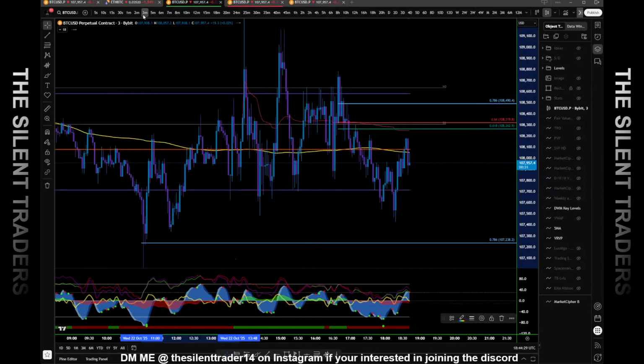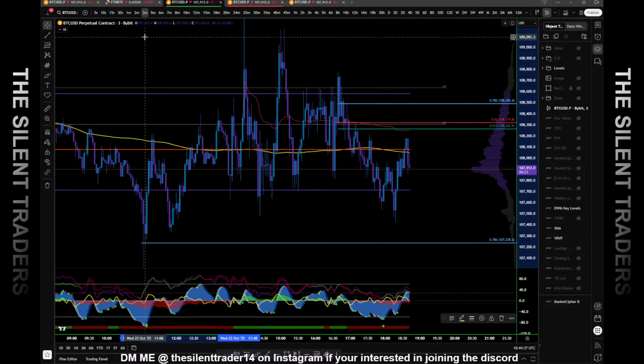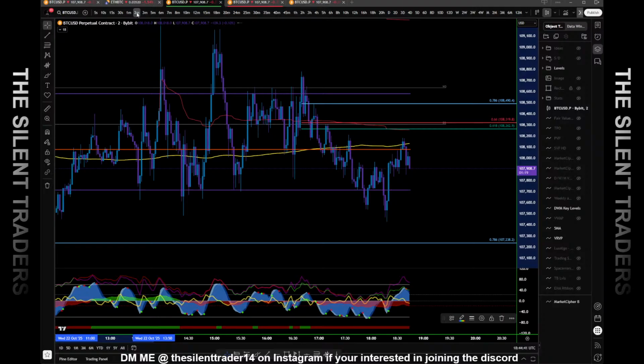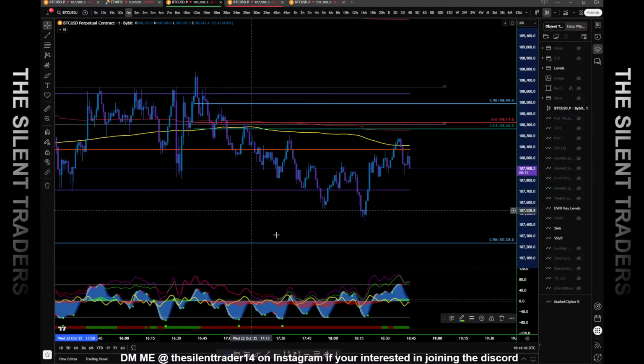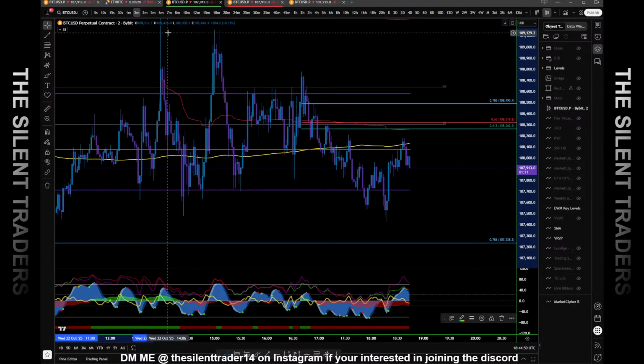So 6 minute says lower, 5 minute says we could go higher or the low is close. The 3 minute is saying we could go higher or the low is close. Same with the 2 minute. And the 1 minute is kind of just right at the zero line.